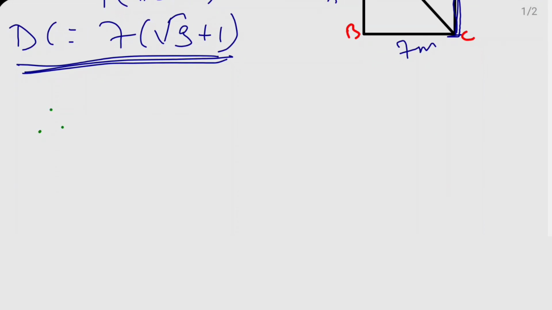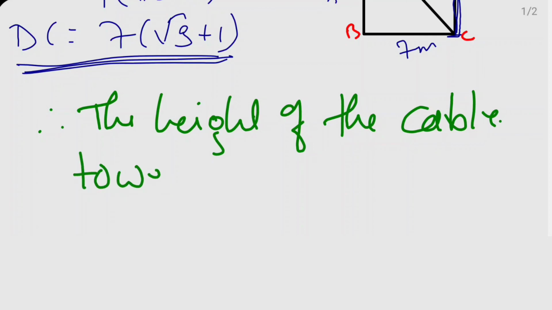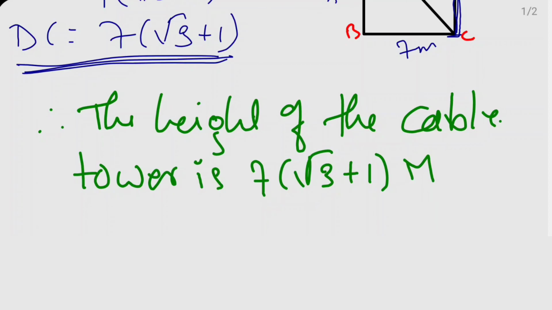Therefore, the height of the cable tower is 7 into root 3 plus 1 meter. Is it clear?